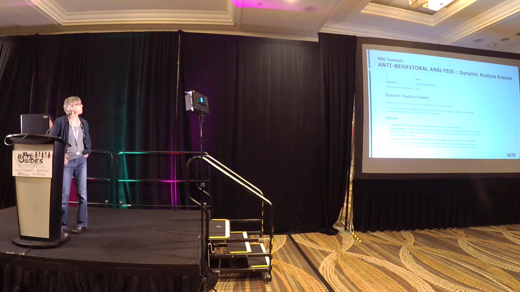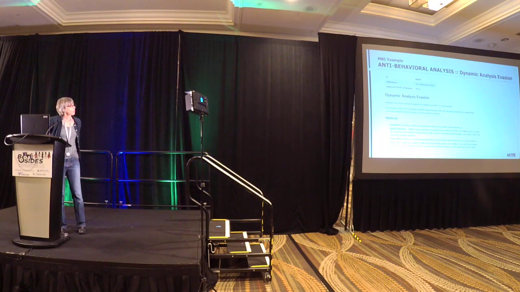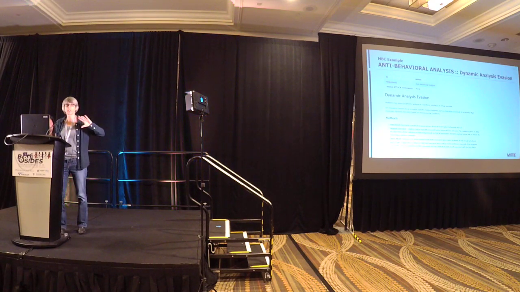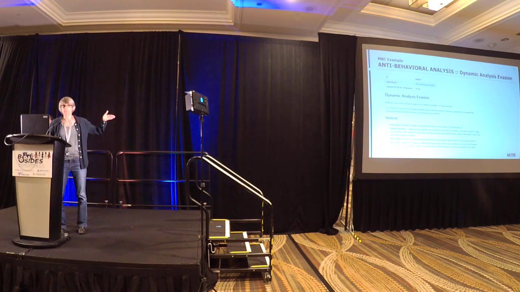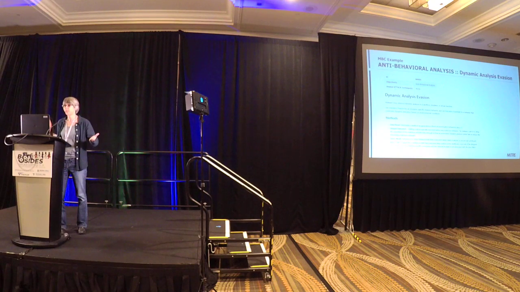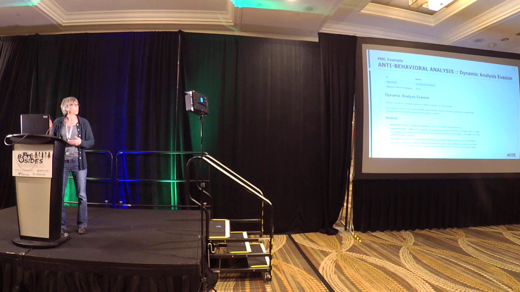This is an example of what the actual MBC looks like. All of MBC right now is just on GitHub in Markdown documents. So this is an example of a behavior page, dynamic analysis evasion. You can see we've got our ID, which we use similarly to how they use them in ATT&CK, and the objectives that it pertains to.